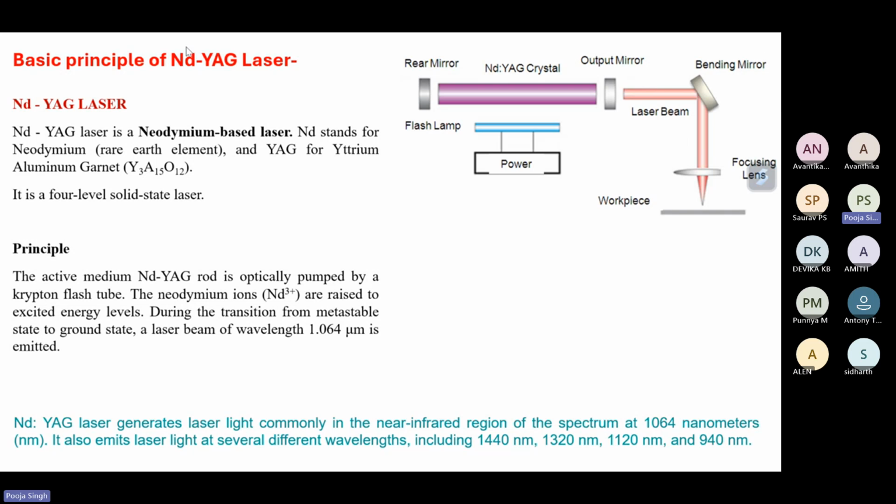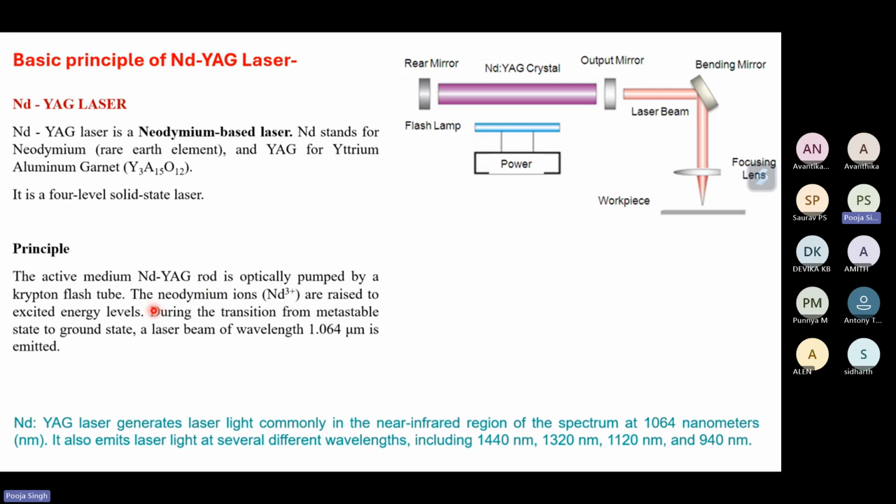Here in the schematic you can see the solid laser which we are using is the neodymium YAG laser. Other things are the same: rear mirror, output mirror, and then a collimated lens that will undergo the focusing of your laser beam. This is the schematic of the neodymium YAG laser. So what is the principle? The active medium is the neodymium YAG rod.